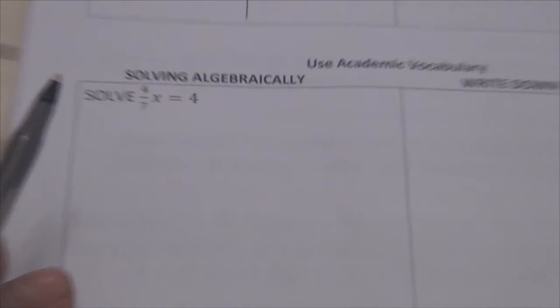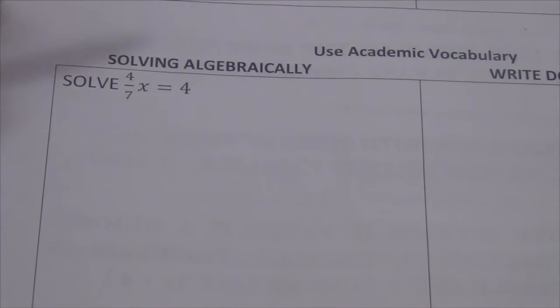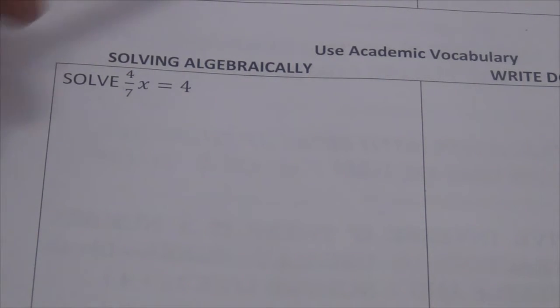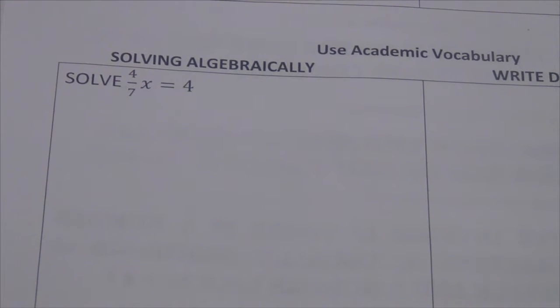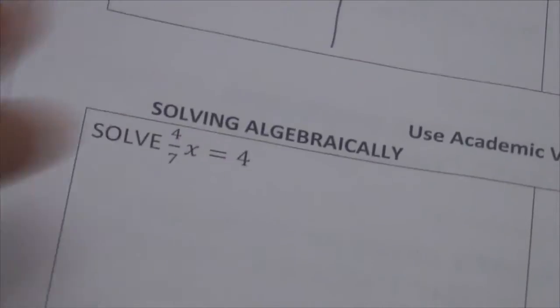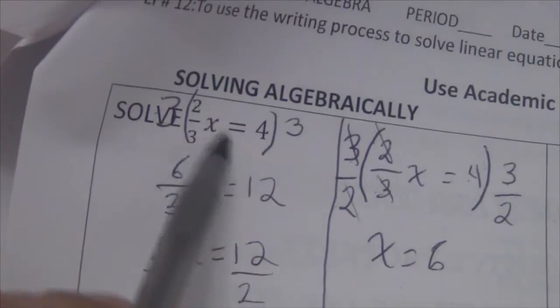All right, so let's move on to the next one. Once again, look at this. Simple fraction, okay? I could use all the rules. I could say, do I have distributive property? No. Do I have fractions? Yes. But look at the format. It looks like the other equation. A fraction x equals a number.